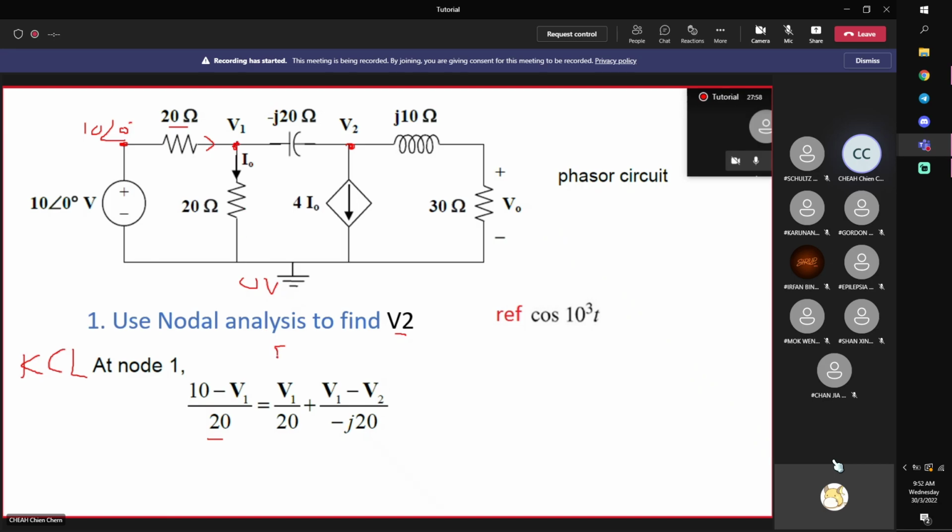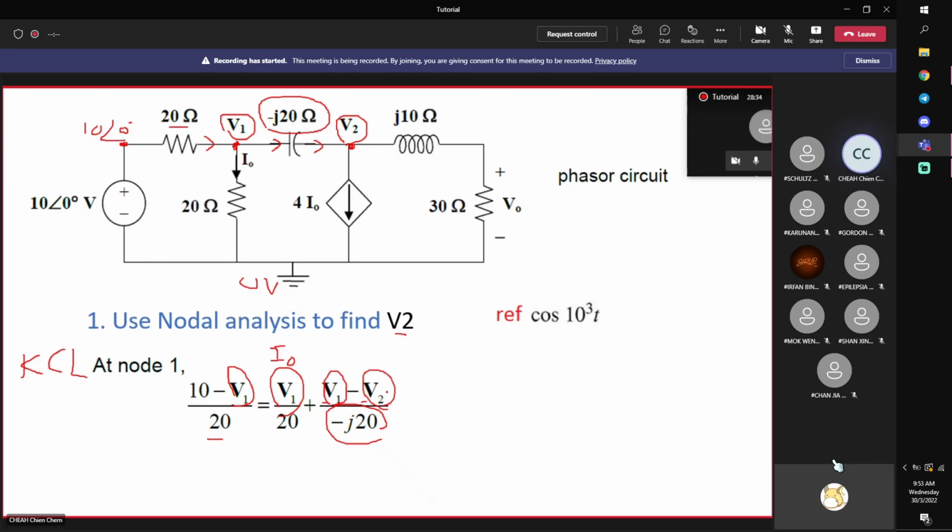This is actually your I0, but I want to express it in terms of the node voltages, only these two. So I0 is V1 divided by 20. Next, I assume outflow, V1 minus V2 divided by negative j20, which is the current flowing through the capacitor. So I write down one equation. Look at the equation, only V1 and V2.